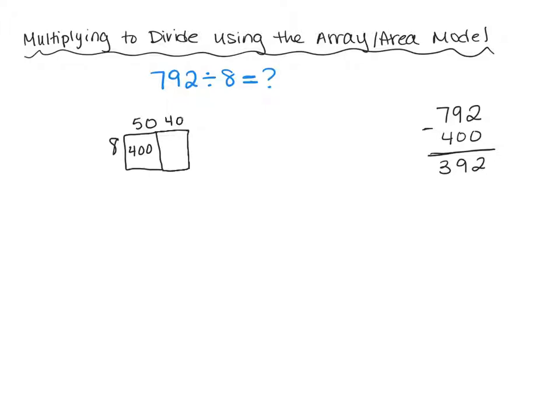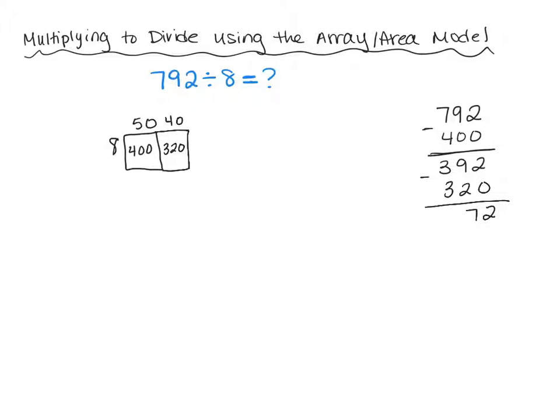Because I know that 8 times 4 will give me 32. Multiply it by another 10 will give me 320. So now I have 320, and I'm going to take that from my total area remaining of 392. So now I'm looking for a remaining area of 72.